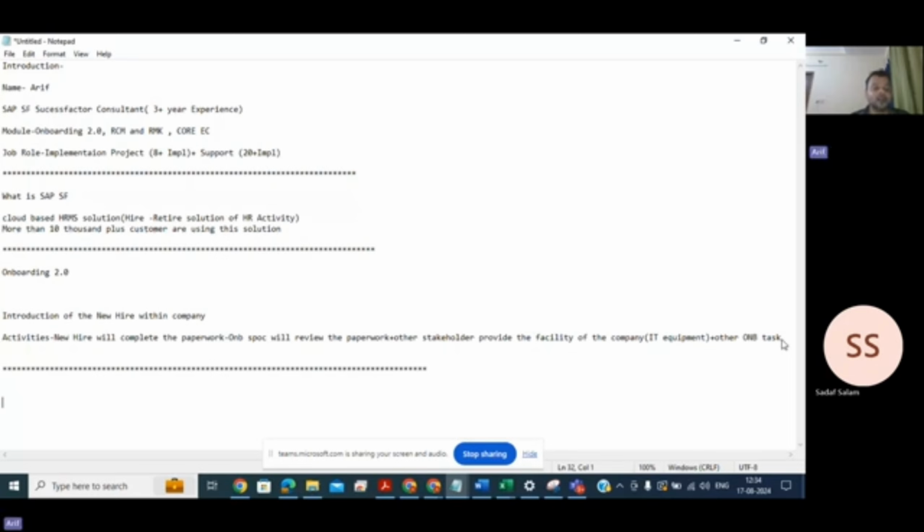All the companies are preparing right now to implement 2.0 as soon as possible, because 1.0 will be no longer. So there is a demand for onboarding 2.0 in the market, because onboarding 1.0 is going to be sunset in 2025.